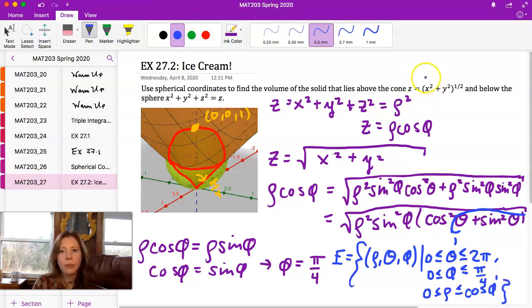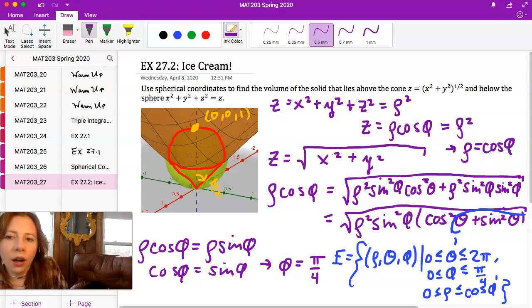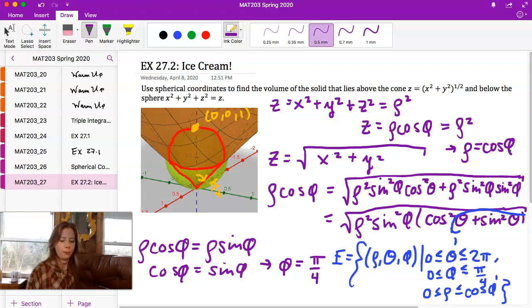Because if you look back up here, we know z is equal to rho cosine phi, and then also z is equal to rho squared. So rho cosine phi is equal to rho squared, or it just tells us rho is equal to cosine phi. So that's where we get our outer extent for rho.